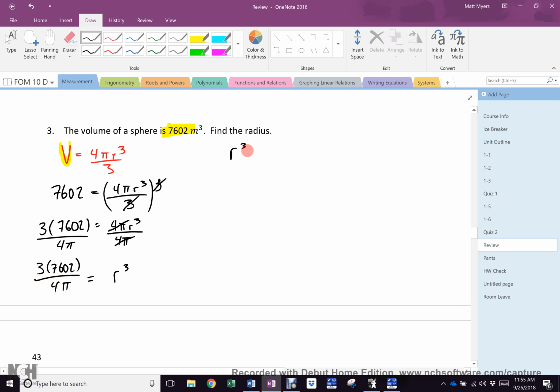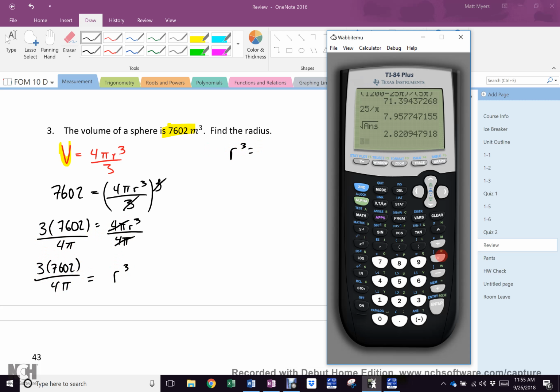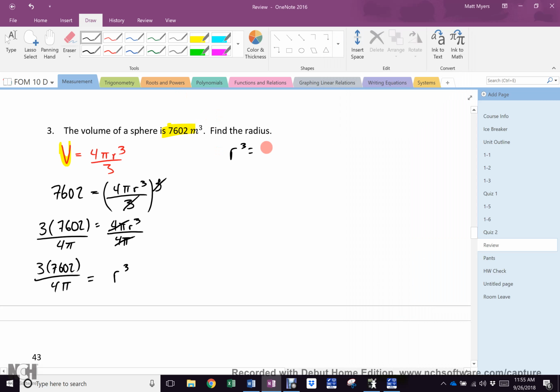So r cubed equals, and I'm going to go to my calculator now, 3 times 7,602. I didn't use brackets, so I had to hit equals, divided by bracket 4 pi equals 1814.84. So I'm going to come over here and write 1814.84.